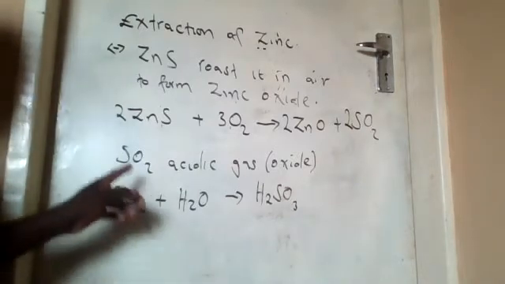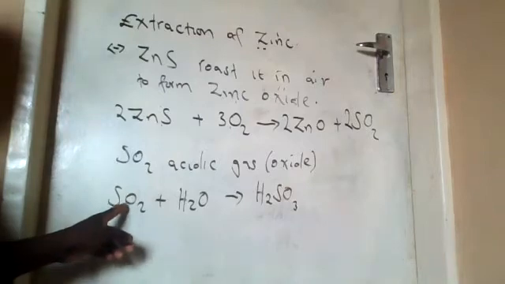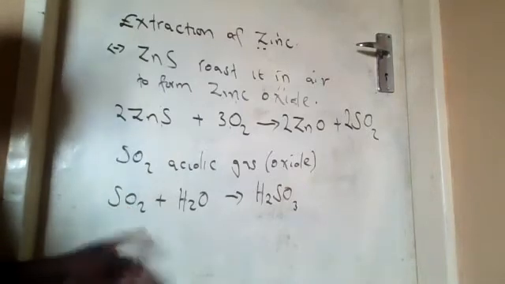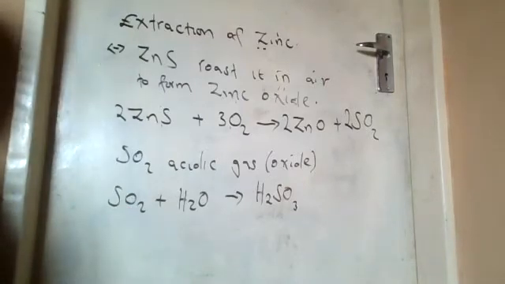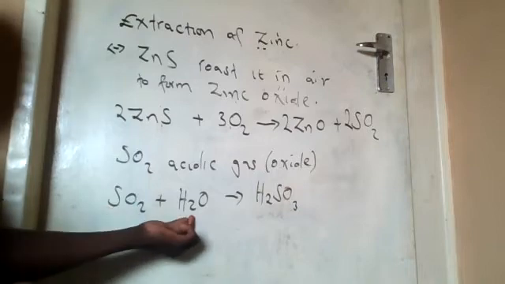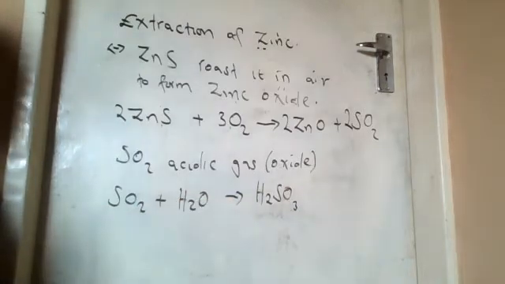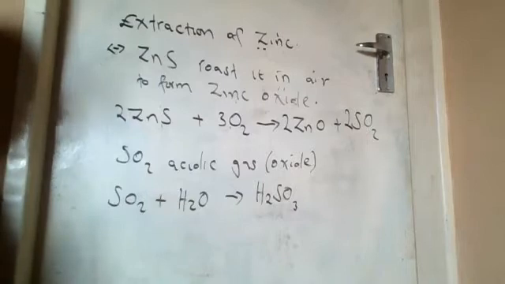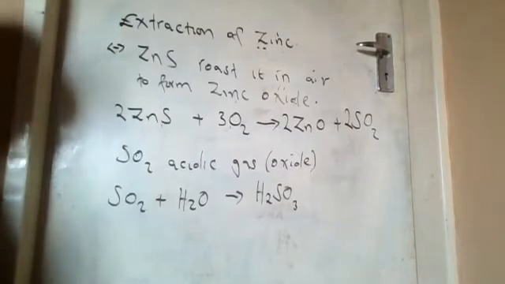Again, I explained the reason why sulfur dioxide is said to be an acidic oxide: it is because when sulfur dioxide reacts with water, it produces an acid. That is the first part.